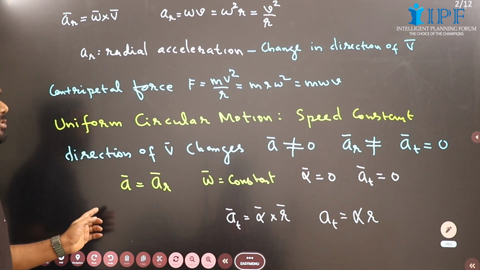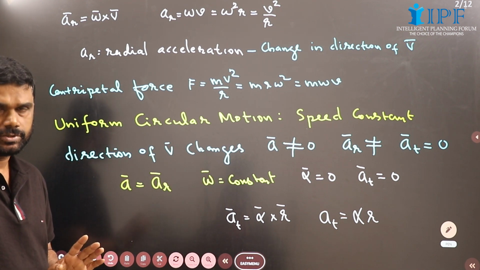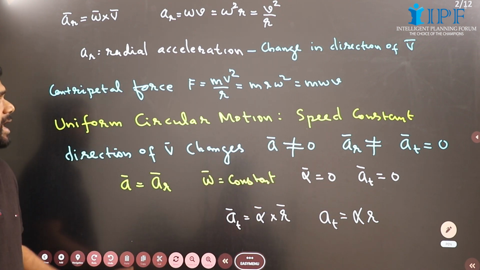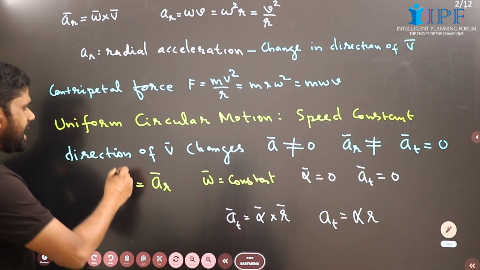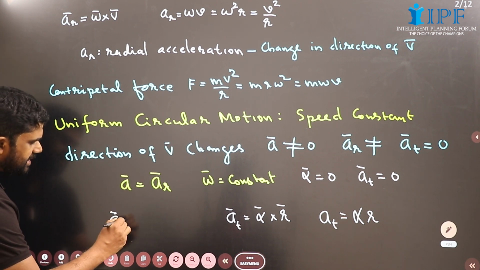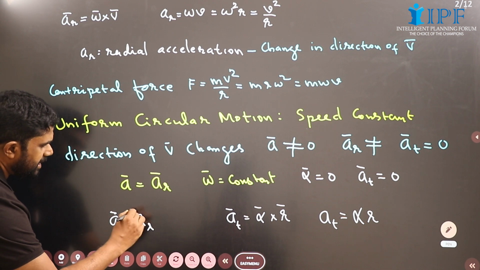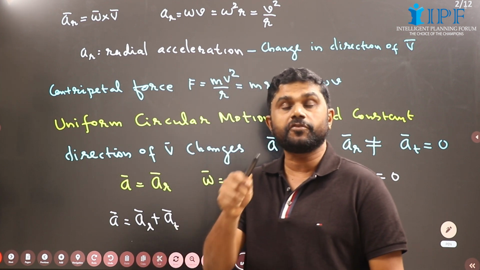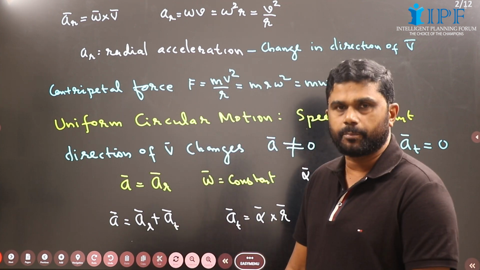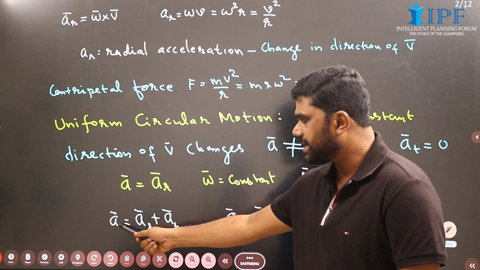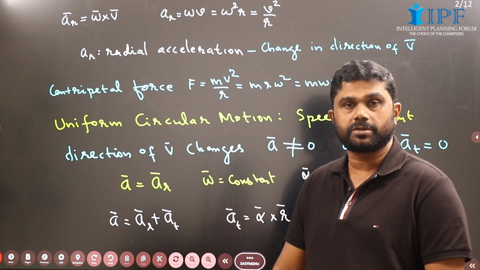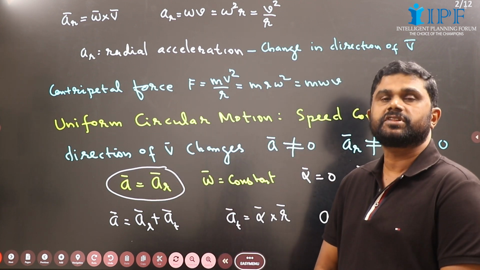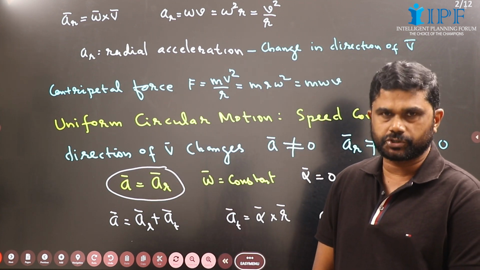So in uniform circular motion, omega is constant, alpha equals 0, A_T equals 0. Now this linear acceleration A equals radial component plus tangential component. In uniform circular motion, there is no tangential component, so the linear acceleration has only the radial component. It is given by A equal to A_R in uniform circular motion.